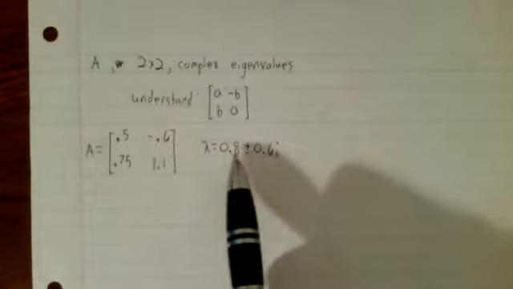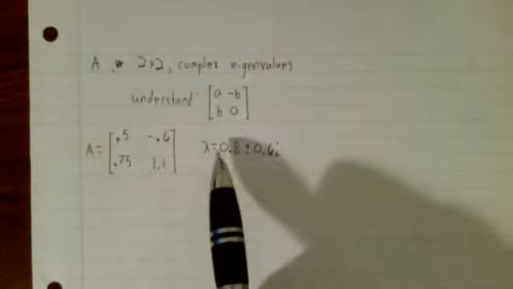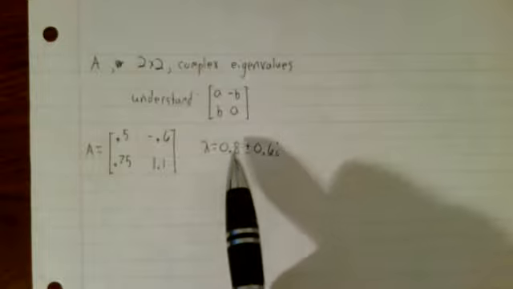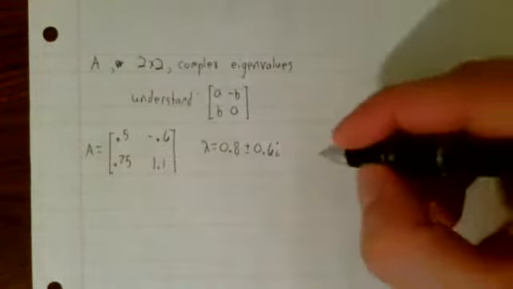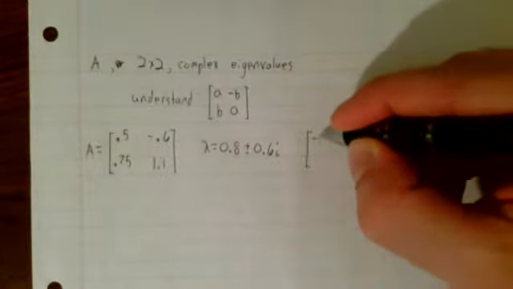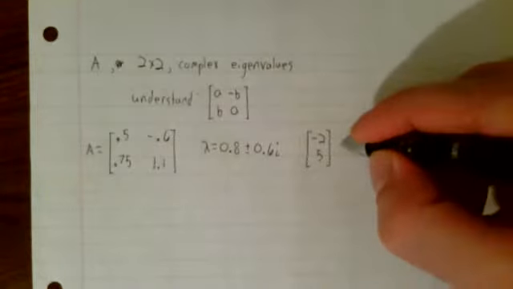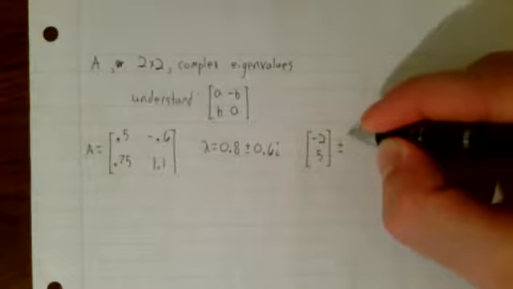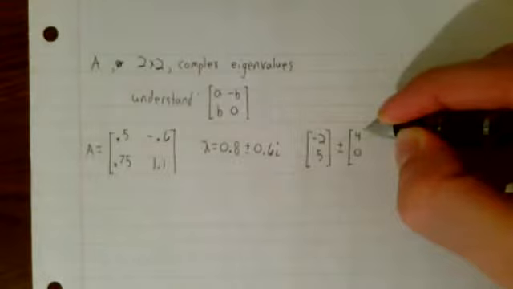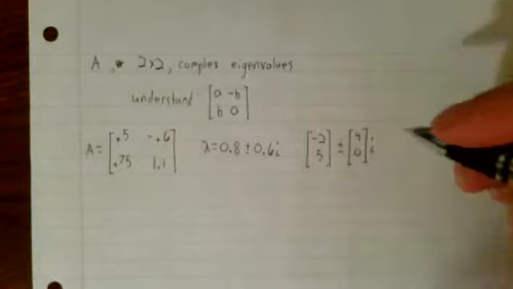Well, so do complex eigenvectors. The eigenvectors corresponding to these eigenvalues are complex. And as I say, they appear in conjugate pairs.